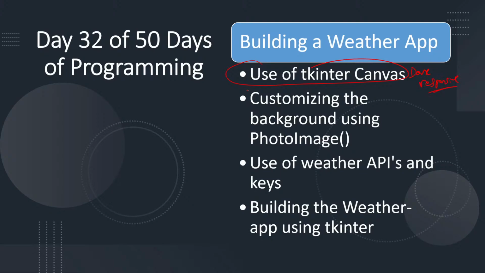We've seen how we customize this background using the PhotoImage method or function. And then we've seen how we use the weather API to get the keys. After getting this key, we are building this application. So we will continue tomorrow.